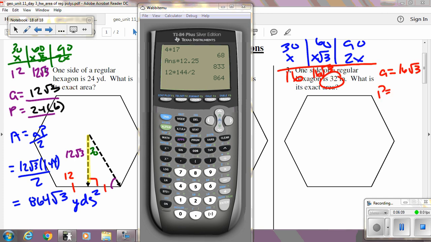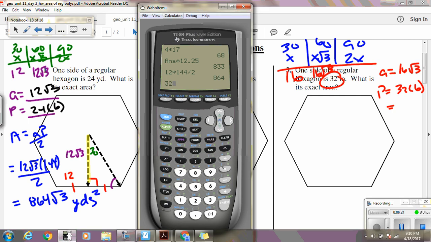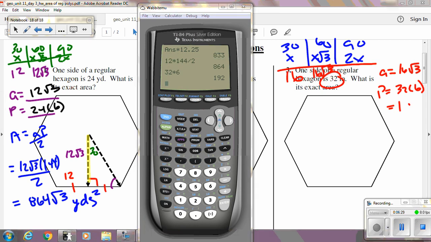My perimeter is found by taking 32 times 6, 192. Now I can find my area. Area is equal to apothem times perimeter over 2. So 16 root 3 times 192 over 2.